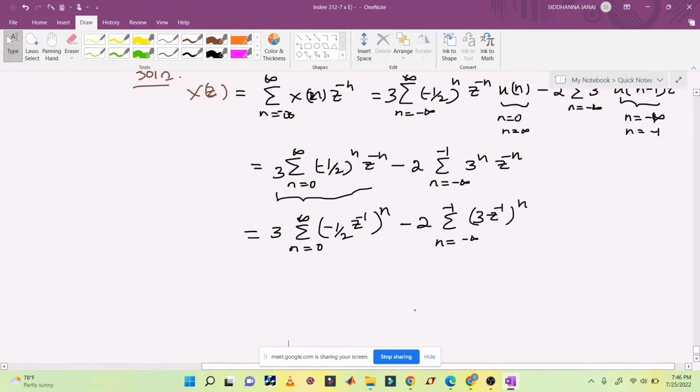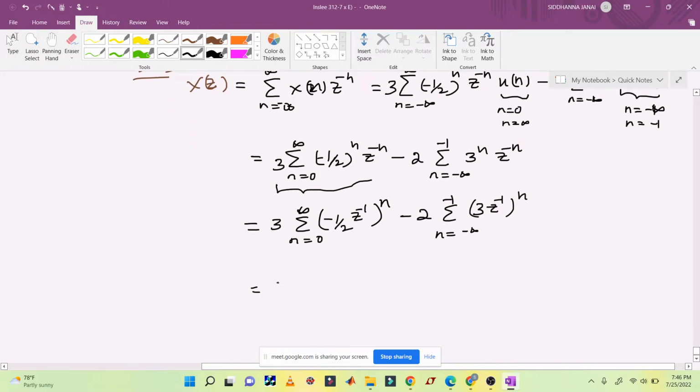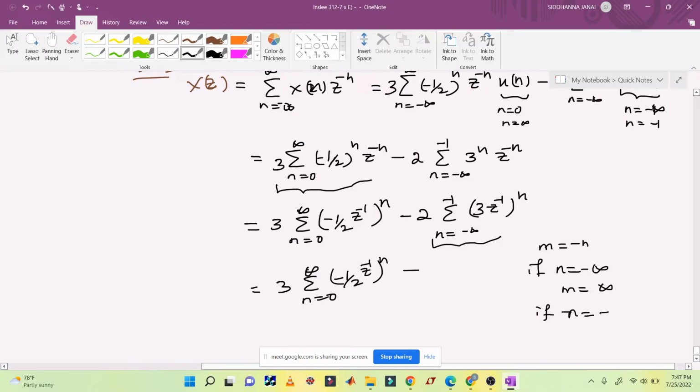So what we can do, we will substitute for this part, m is equal to minus n. Then when n is equal to minus infinity, m will be plus infinity, and if n is equal to minus 1, m is equal to plus 1.